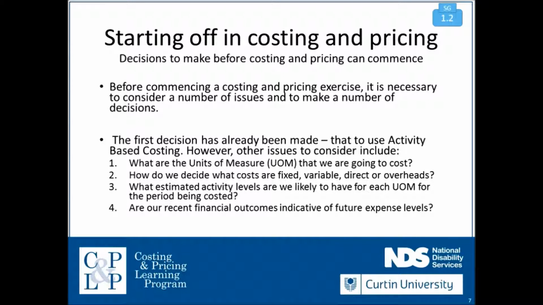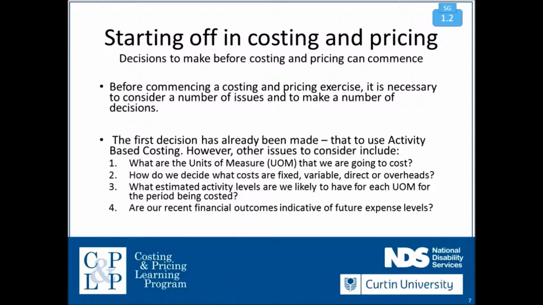The second thing that needs to be determined, of course, and which will be determined largely based on what you identify as a unit of measure, includes what costs are fixed, variable, direct, or which are overheads. We talked about the nature of fixed, variable, direct and overhead costs in the last webinar, webinar number 2, where we introduced some definitions relating to those elements.